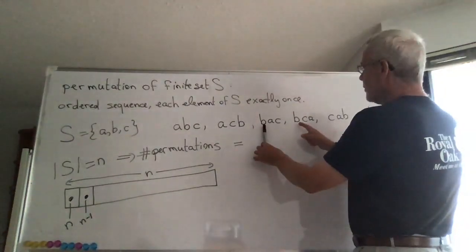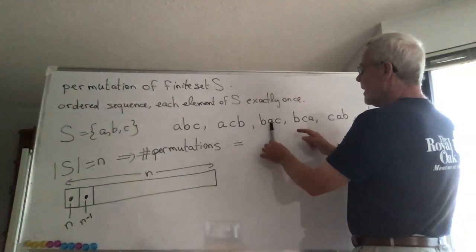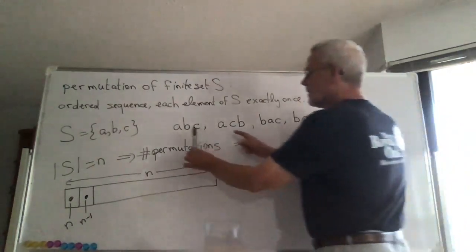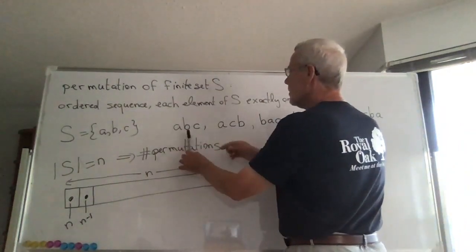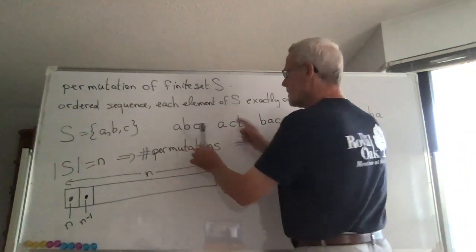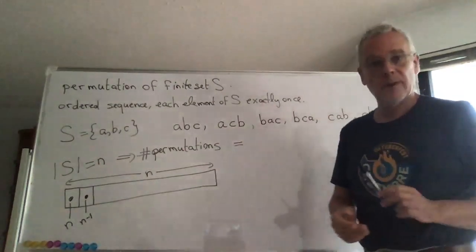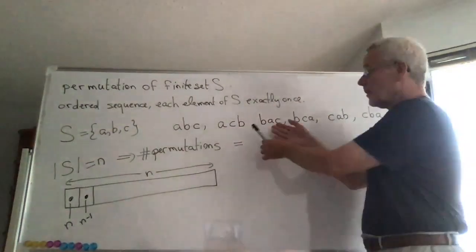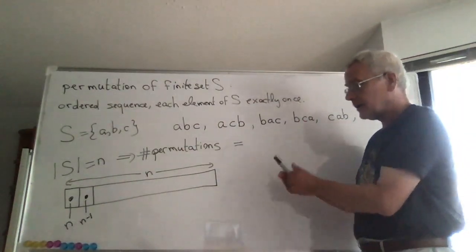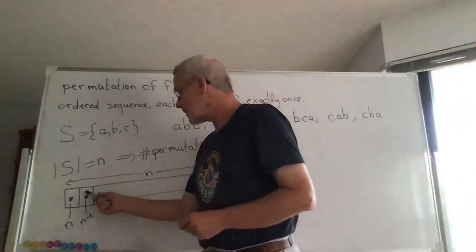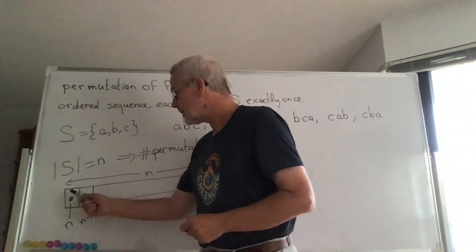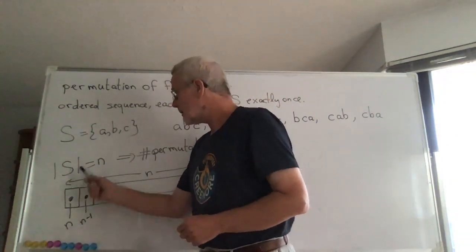If we start with a B, we can choose A or C. If we start with an A, for the next symbol, we can choose a B or a C. But the number of ways to choose the second is always 2. And in general, the number of ways to choose the second symbol is 1 less than the size of S.